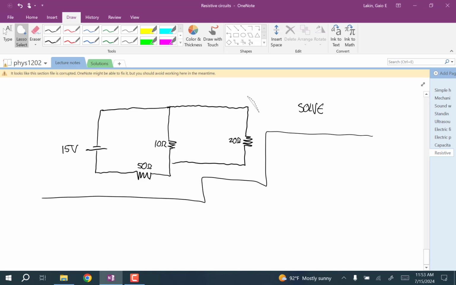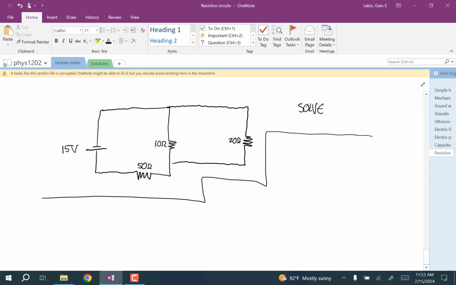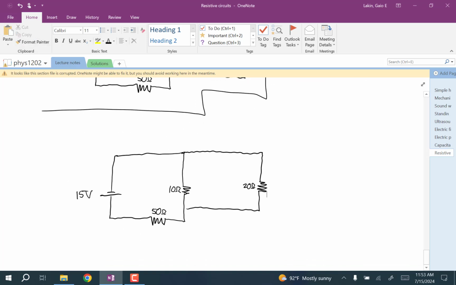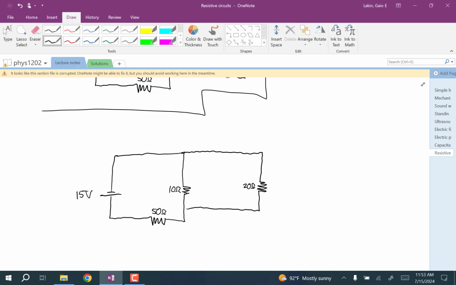Okay, well, let me copy this so I can draw on it. The first thing we're going to do is use the fluid flow analogy to think of the directions. This battery has the positive side down, so that's this way, and that means that if we were talking about pressures, this pump would be forcing flow out of the positive side.